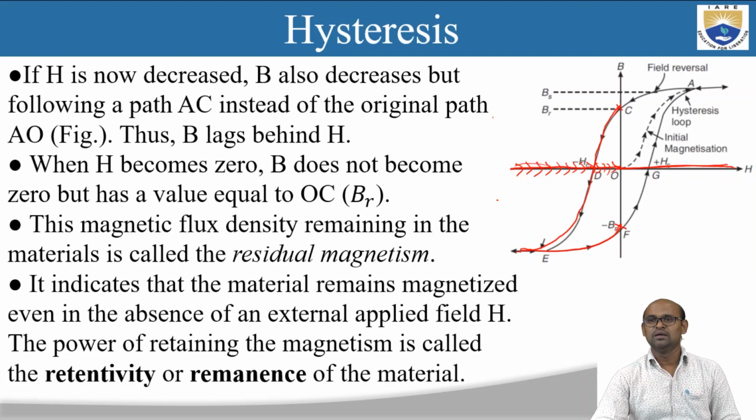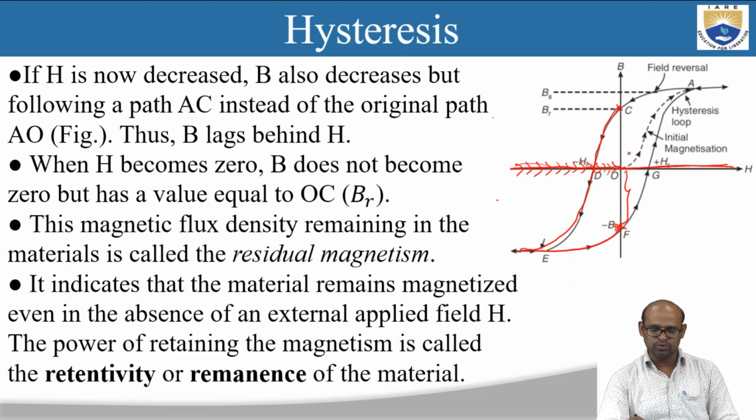Again, B, the magnetic field induction, lags behind H. That means even though I decrease the applied magnetic field to 0, the magnetic field induction has not become 0. It reached a finite value, OB. So this is the residual magnetism, and the ability of a material to retain magnetization even in the absence of a magnetic field is called retentivity. So you have retentivity even in this direction.